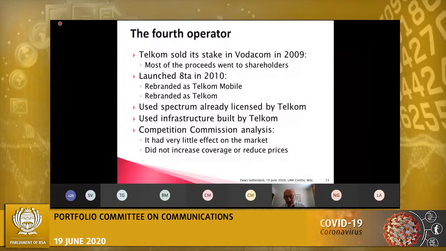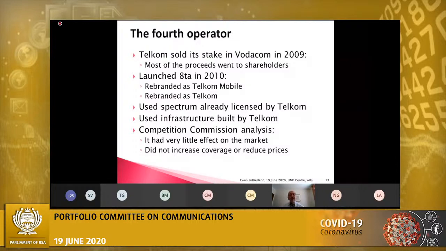If you read the report by the Competition Commission on mobile data prices, Data Must Fall, it effectively says, well, actually, it didn't have very much effect on the market and it didn't increase the coverage or reduce the prices. That, I think, is a criticism of Telkom, and it's a criticism of the regulator, because you would expect over 10 years to have had some significant effect.